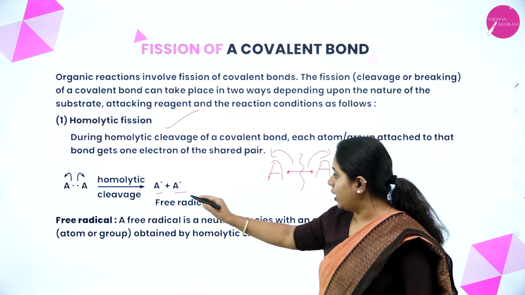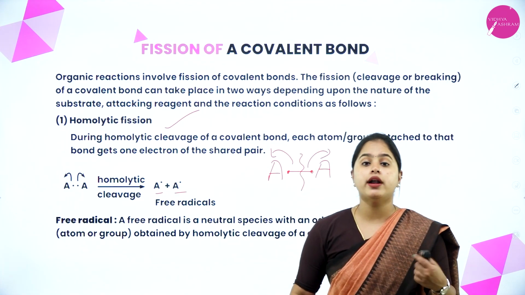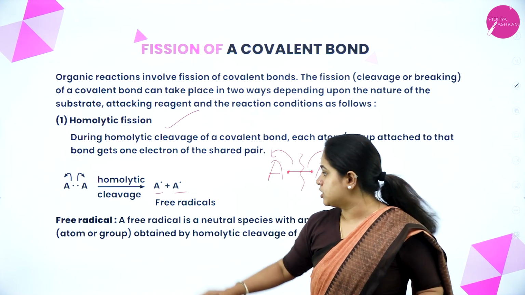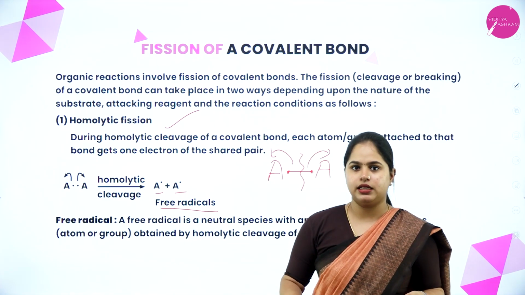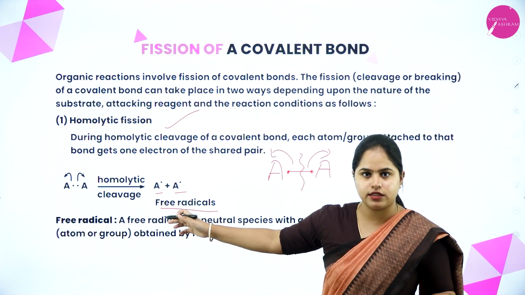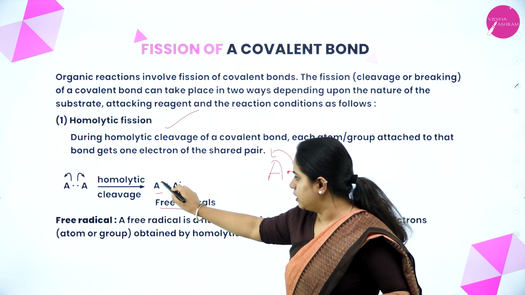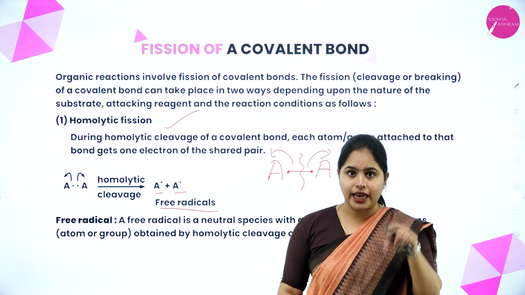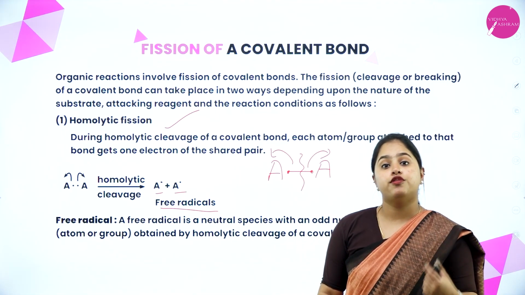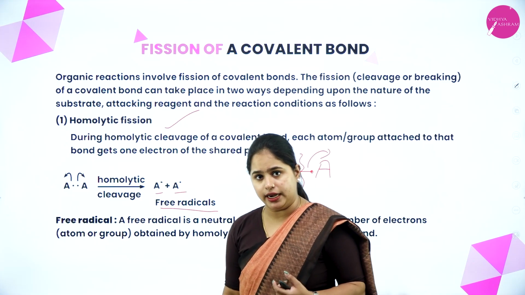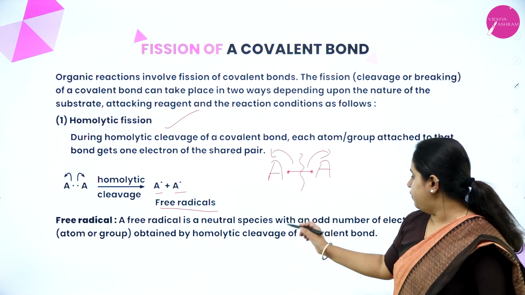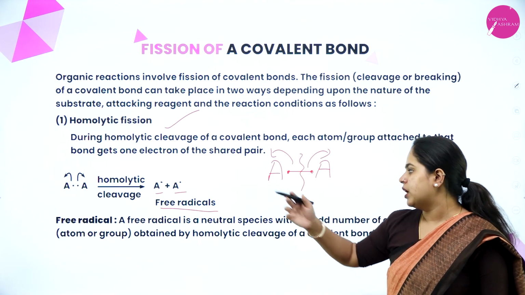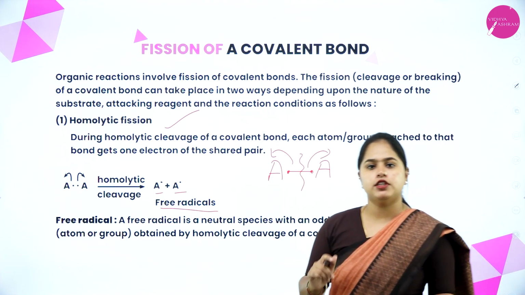This one-electron containing species, that is, an odd-electron containing species, is called a free radical. Is this an ion? No, it is a free radical. It does not have a positive or negative charge. As you can see here, there is a dot which represents the electron. So a free radical is a neutral species with an odd number of electrons obtained by homolytic cleavage of a covalent bond.